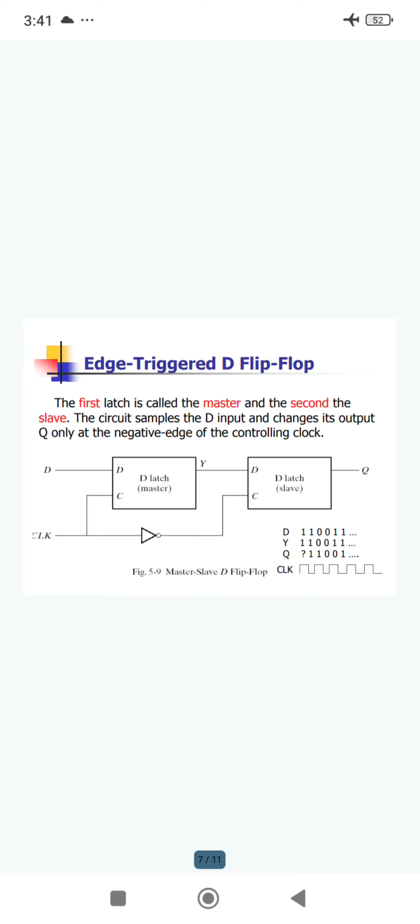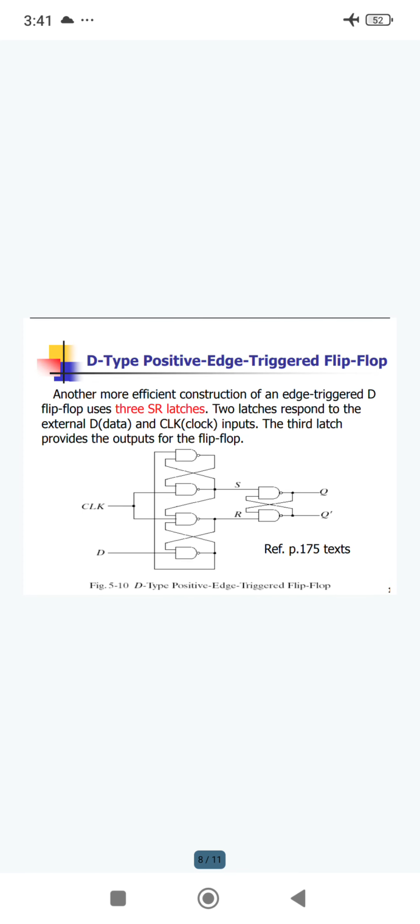Generally we know the types of flip-flops: RS flip-flop, JK flip-flop, D flip-flop, T flip-flop, like that. This is the structure of the D type positive edge trigger flip-flop. Another more efficient construction of the edge trigger D flip-flop uses 3 SR latches.